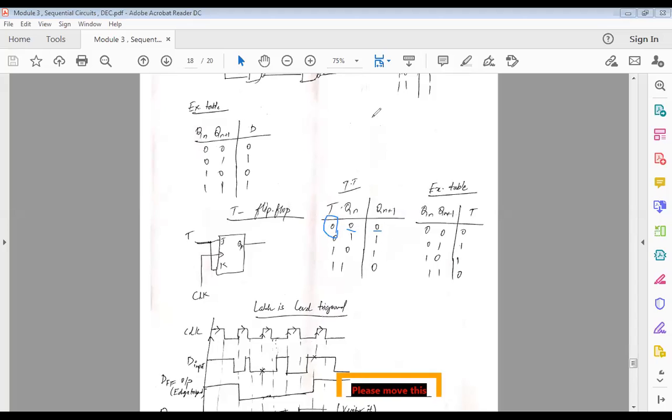If in case your T is 1, whatever was your output Qn gets changed, which means it gets toggled. So here you can see 0 is getting changed to 1, and here again 1 is getting changed to 0. Why is that happening? Because we have T equal to 1. So I think you are clear with these concepts, isn't it? Yes, sir.